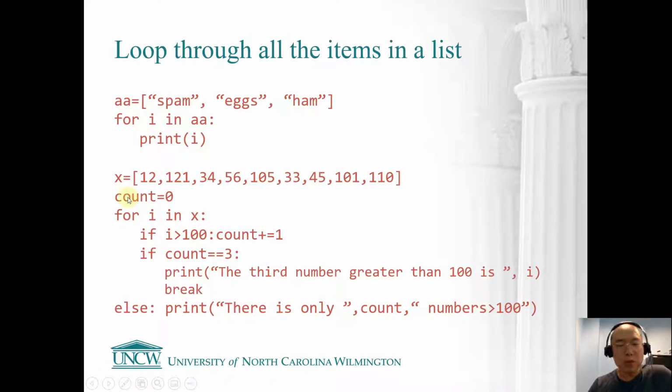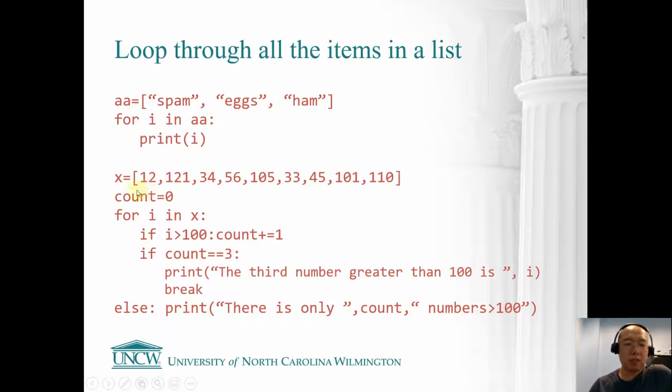For the next one, our goal is we want to visit all the numbers and find the third value which is greater than 100. If there is a third value greater than 100, we print that. Otherwise, we say we don't have such a value; this search failed.